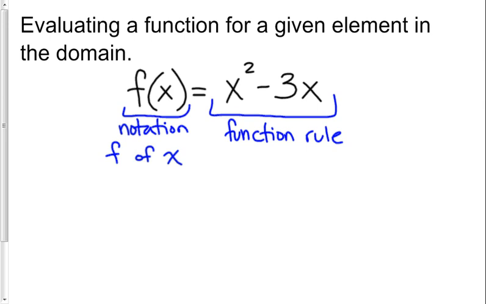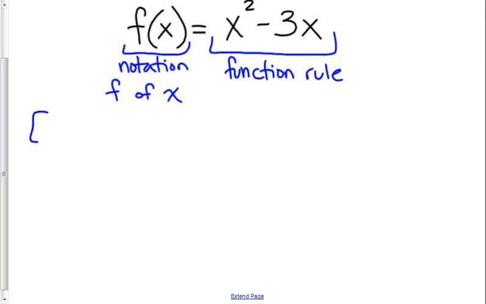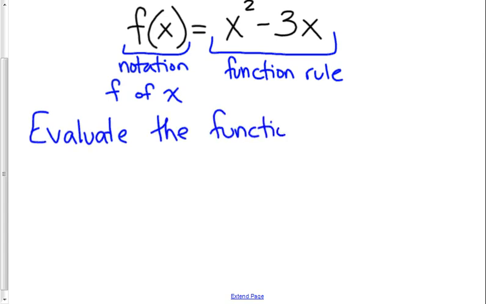So one of the main goals for today's lesson is how do we evaluate a function given an element in the domain. For example, we might want to evaluate this function when x equals 3.